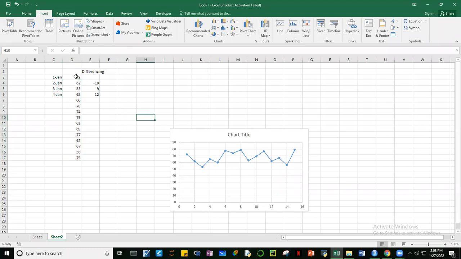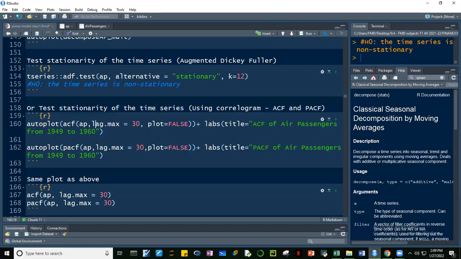Ang lag 2 naman, itong data na to at saka yung two values before. Siyempre dapat pare-pareho yung size ng data natin. So yun ang ibig sabihin ng lag 1, lag 2 hanggang lag 30. So pwede natin gawin yung lag 30 kasi malaki naman yung data series natin, 144, no? And then kukunin niya yung autocorrelation nun. Okay, so i-plot natin to.